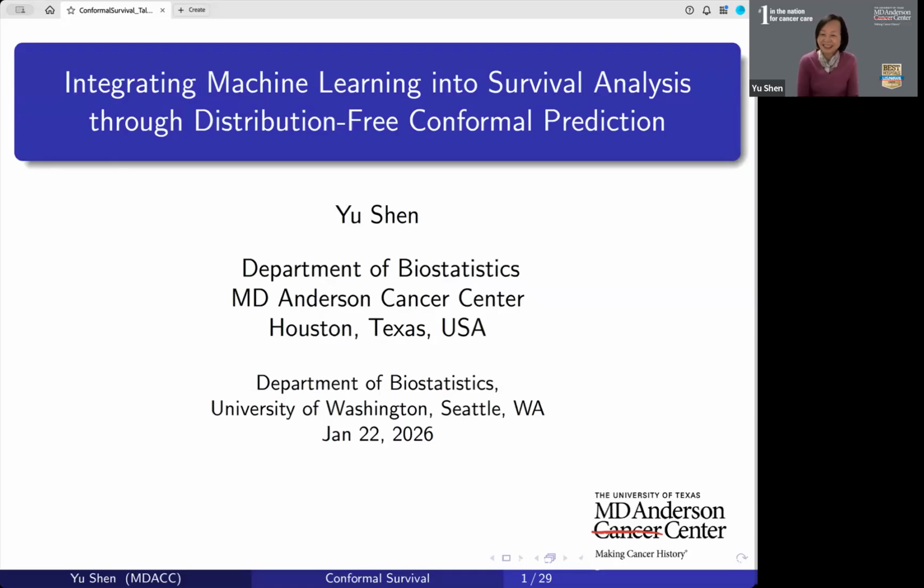But some statistical problems never really go away. Sometimes they just get new names, especially in this era of machine learning and AI. So today I would like to share some work based on the fundamental training and knowledge I learned from UW about survival analysis, but with this new idea of machine learning algorithms.